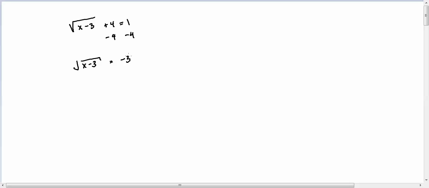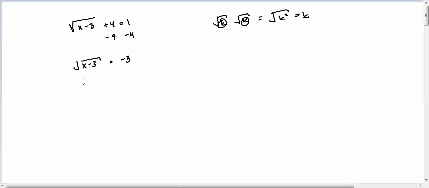Cool? All right, so now in order to get rid of that square root, if you have the square root of k and you want to get that k out of there, you need to multiply by the square root of k again. Now the square root of k squared, because notice there's two k's, is simply equal to k.